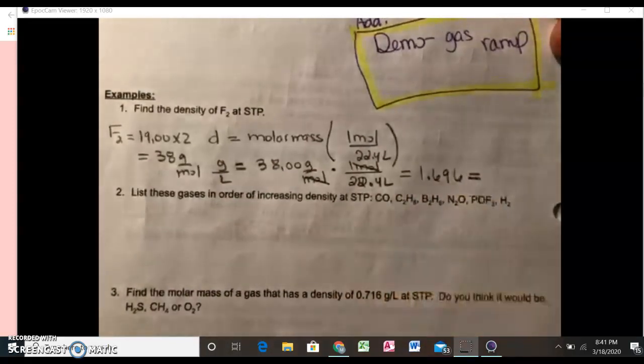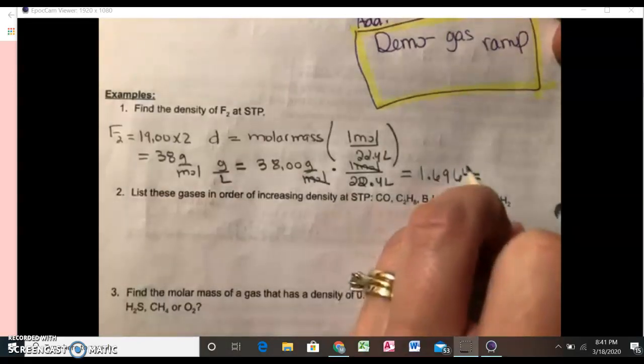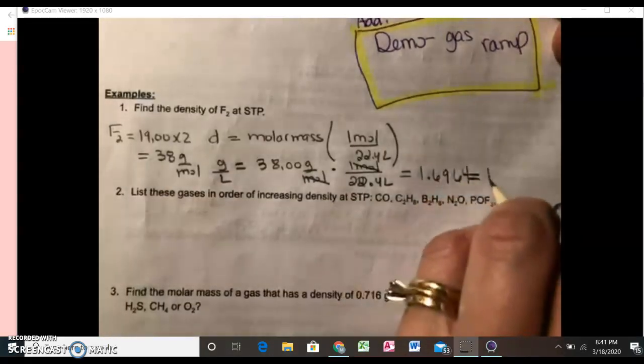I've afforded 3 significant figures, we would say, and I would really take 4 as well, because do we really count that 22.4, or should we let that limit us? So I would take either 3 or 4. So 1.696, and this would be 1.6964.